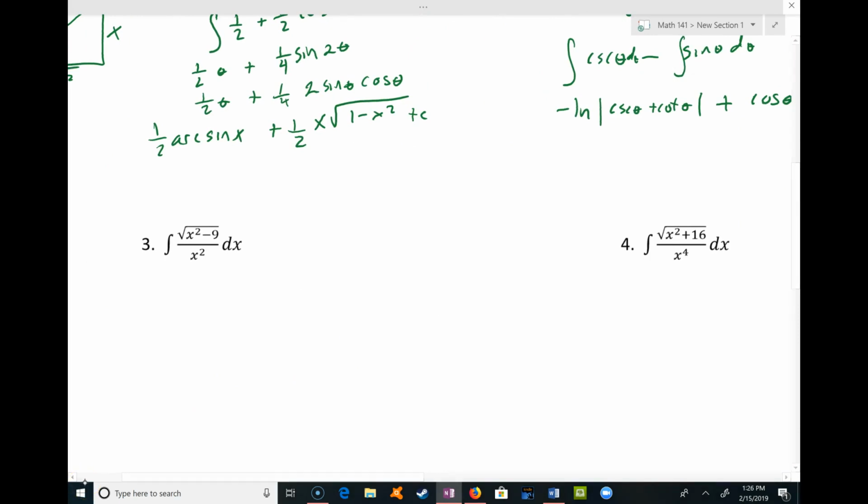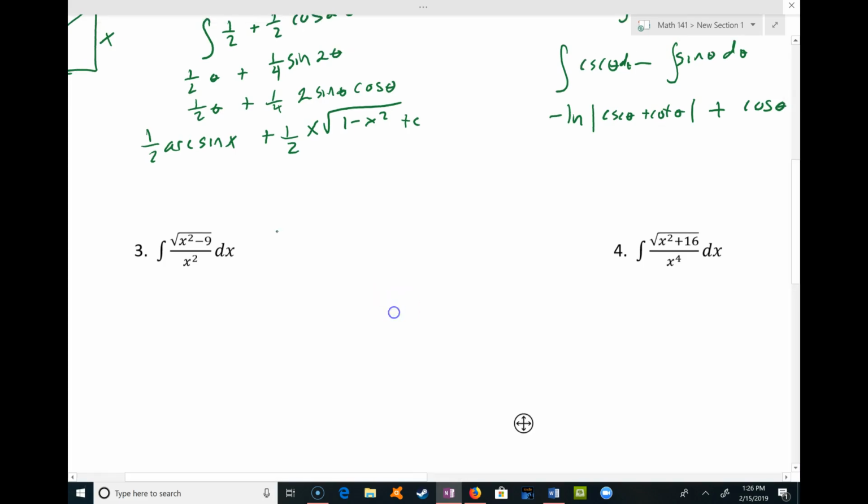All right. Number 3, we're going to do, look, it's x squared minus 9, so that makes you think of secant. So I'm going to let x equal 3 secant theta, which means dx is equal to 3 secant theta tangent theta d theta.